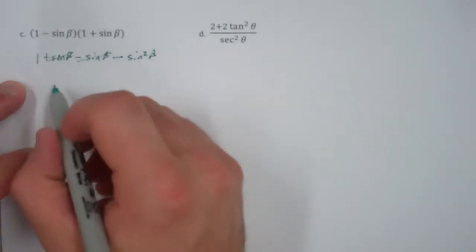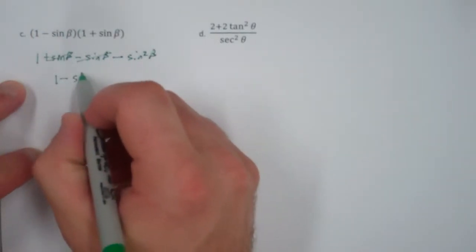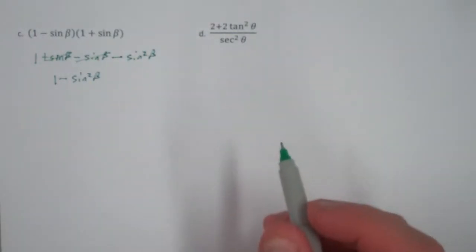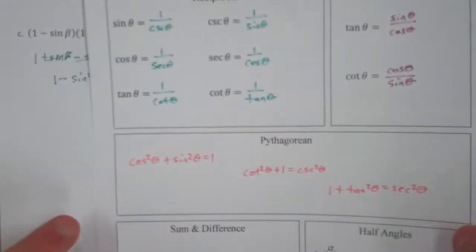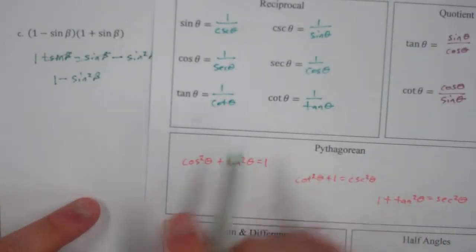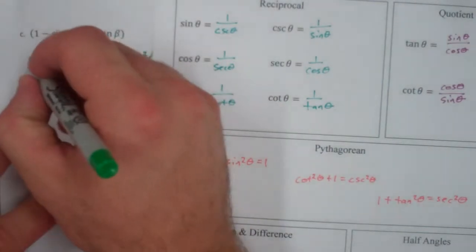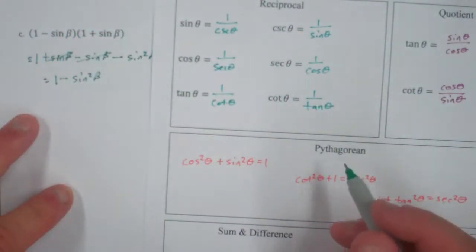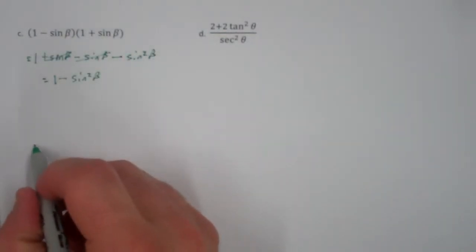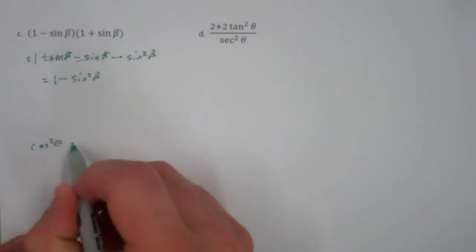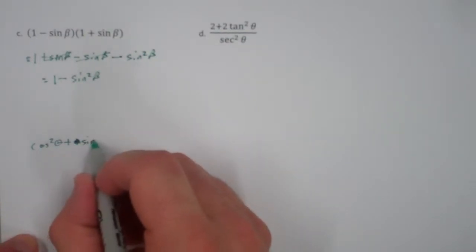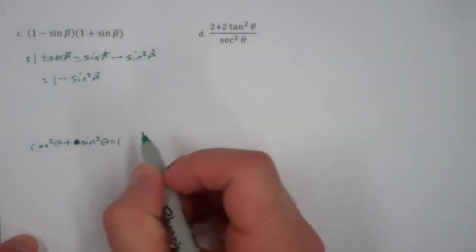These will cancel, so we've got 1 minus sine squared. And if you look at your Pythagorean identities, what we need is 1 minus sine squared. If we just had that, we might be able to do something with it. So let's see if we can adjust this one. Cosine squared theta plus sine squared theta equals 1.